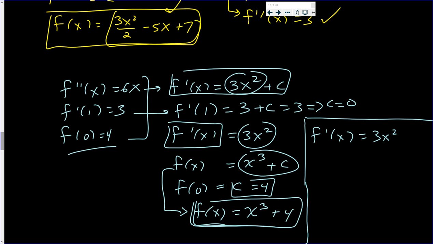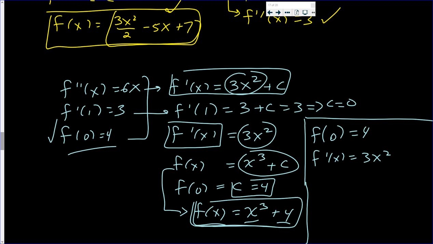Now, f prime of x is 3x squared. And f prime of 1, well, 1 squared is 1 times 3 is 3. Oh, my goodness, I got that. And the second derivative, that is the derivative of 3x squared, is 6x.